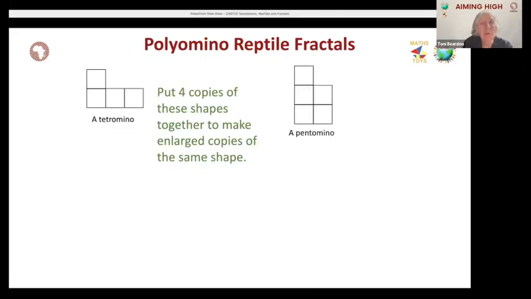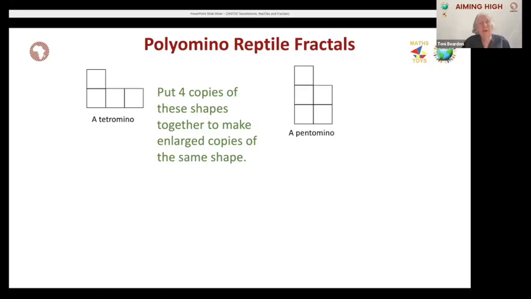Polyominoes. So what you have to do here is put 4 copies of these shapes together to make an enlarged copy of the same shape. Okay, 4 copies of the tetromino, L-shaped one there, to make an enlarged copy of the same shape.